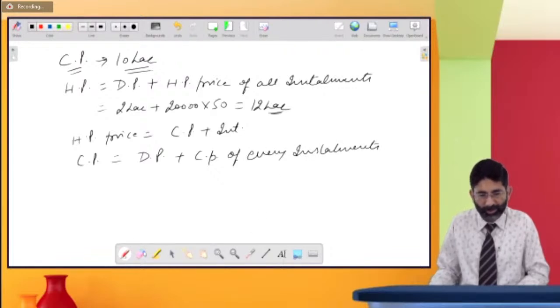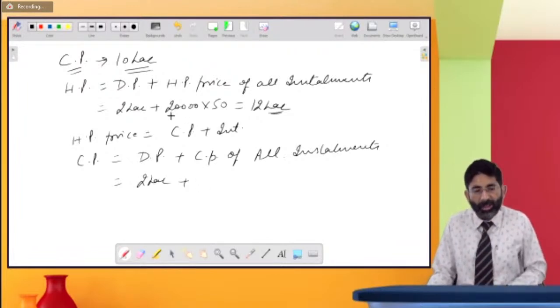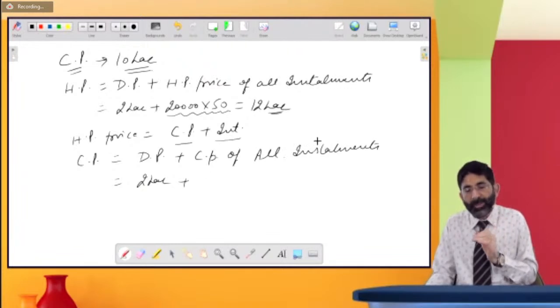You can say better word is all installments. What it means for down payment is 2 lakh in the given case, plus. Now, what is the cash price of all installments? This is the HP price of installment, because HP price means the cash price plus interest that we have added already. Now, how to get the CP of installments?